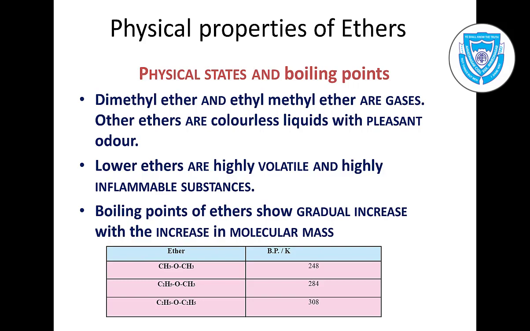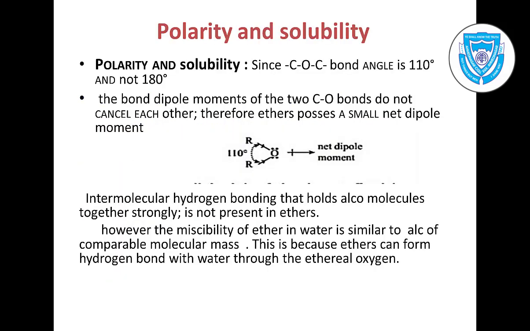In the next slide, we'll talk about polarity and solubility of ethers. In the case of ethers, the intermolecular hydrogen bonding that holds two molecules together strongly is not present, as it was in alcohol.